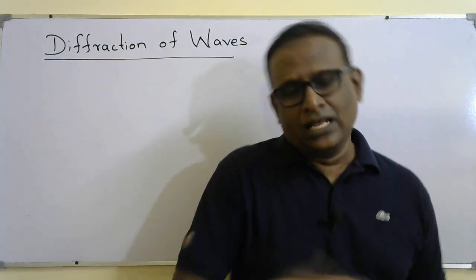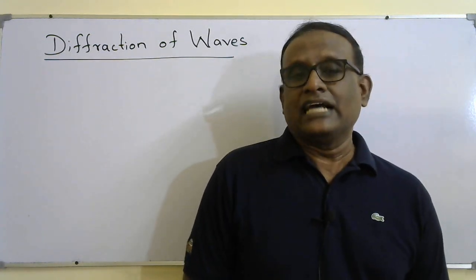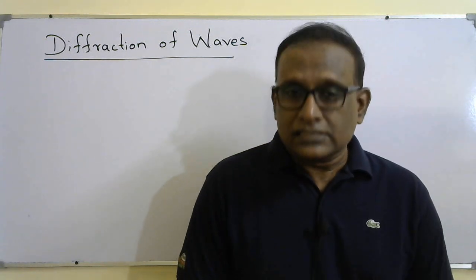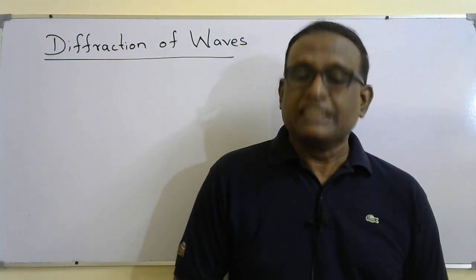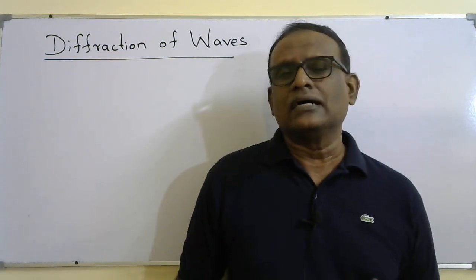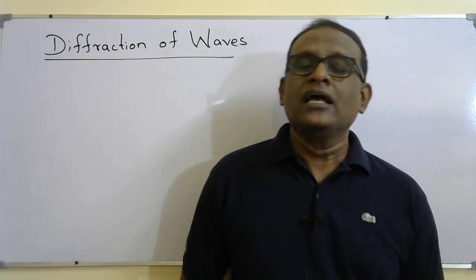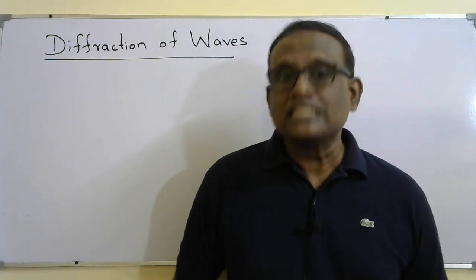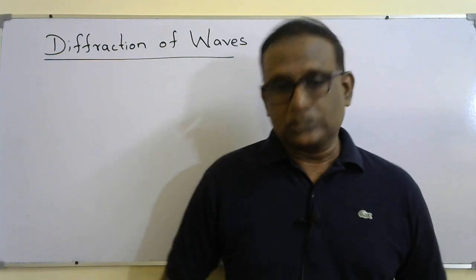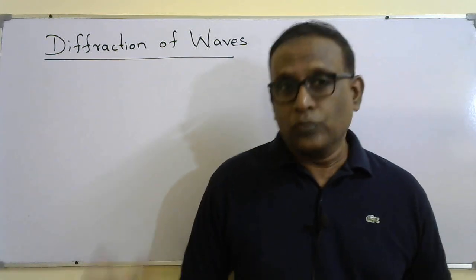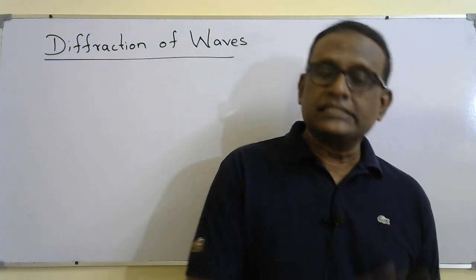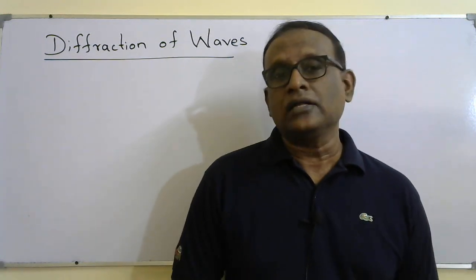But whenever they ask you to define or state what diffraction means, I don't think it's a good way to say the wave bends. It's better to say spreading out. Spreading of a wave when it passes through an aperture or when it meets an obstacle is called diffraction.